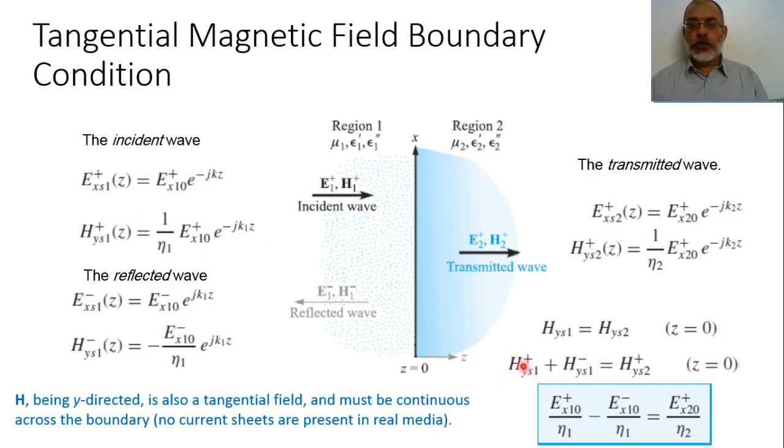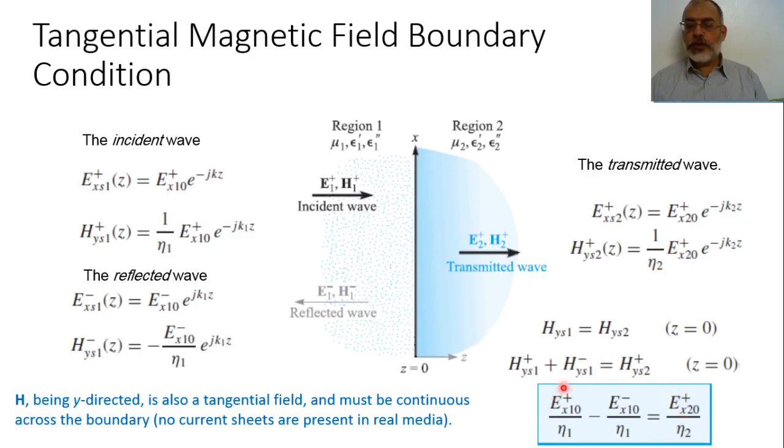Hys1+ can be replaced by Ex10+ over eta 1. And Hys1-, the reflected magnetic field, can be replaced by minus Ex10- over eta 1. And finally, Hys2+ can be replaced by Ex20+ over eta 2.